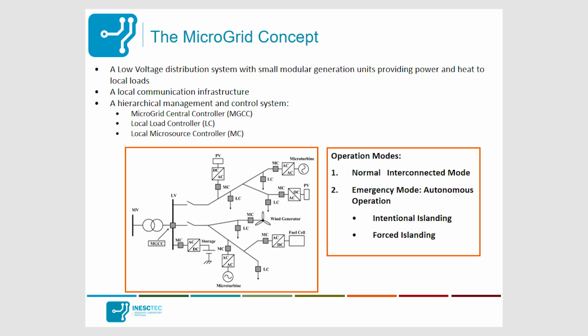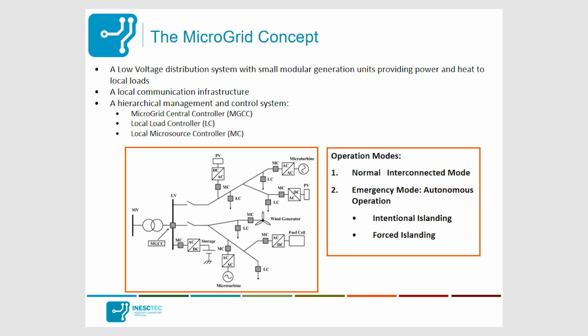So the different microgrids, you can see them connected at a low voltage network. And there is a microgrid central controller, an MGCC, that is housed at the medium voltage, low voltage substation. And then there are controllers at the level of the loads and the level of the microsources.